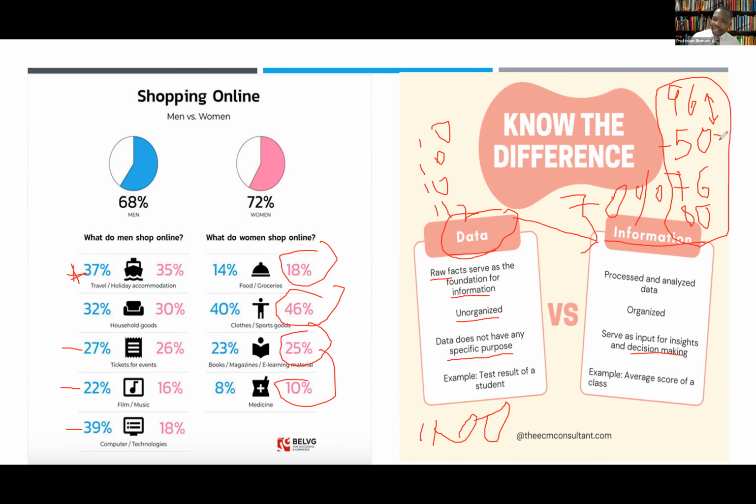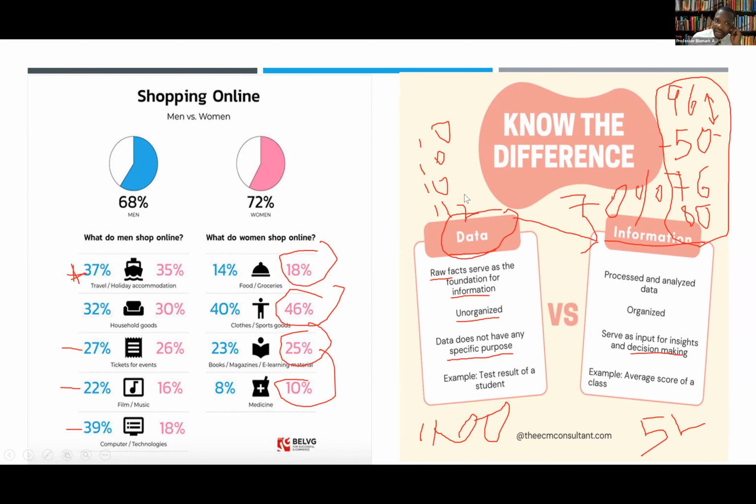Imagine if the average of the entire test happens to be, let's say, 54%, which is very, very low. I can take the number 54, and it can mean something.